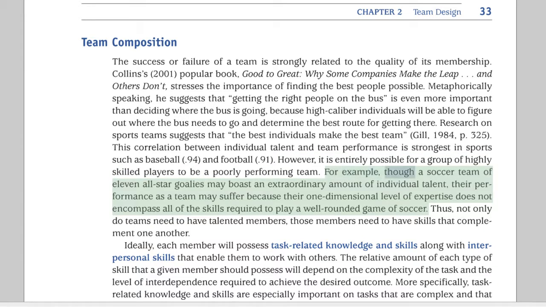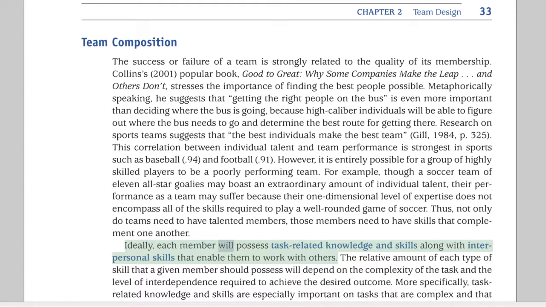For example, though a soccer team of 11 all-star goalies may boast an extraordinary amount of individual talent, their performance as a team may suffer because their one-dimensional level of expertise does not encompass all of the skills required to play a well-rounded game of soccer. Thus, not only do teams need to have talented members, those members need to have skills that complement one another.